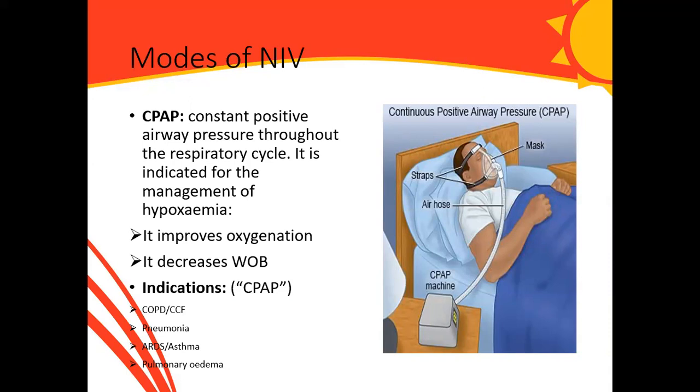It is primarily indicated for the management of hypoxemia, as it improves oxygenation and decreases work of breathing. So it's indicated for patients with COPD, congestive cardiac failure, pneumonia, early stage of ARDS, or asthma, and it is also indicated in patients with cardiogenic pulmonary edema.